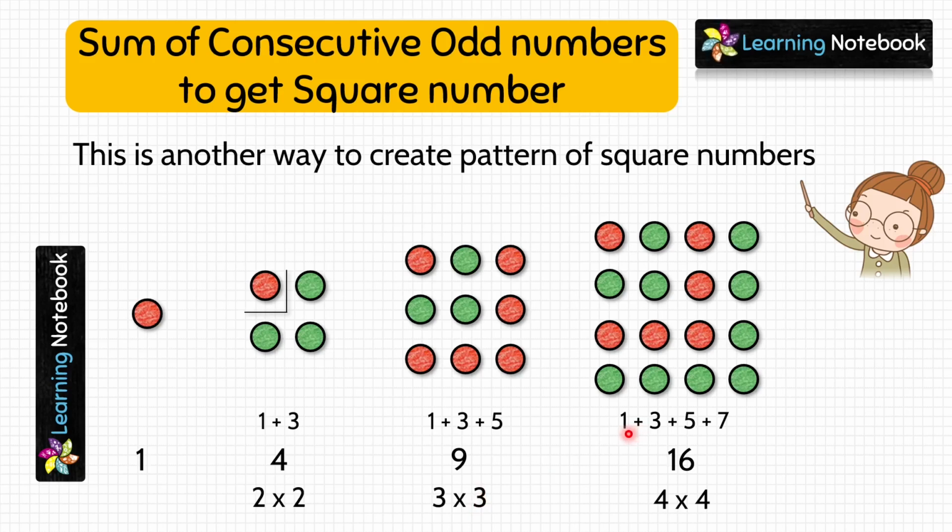Next, here we have 4 consecutive odd numbers. So we have 4 into 4. So this means we can get the sum of consecutive odd numbers without actually adding them. Let's understand this property in detail.